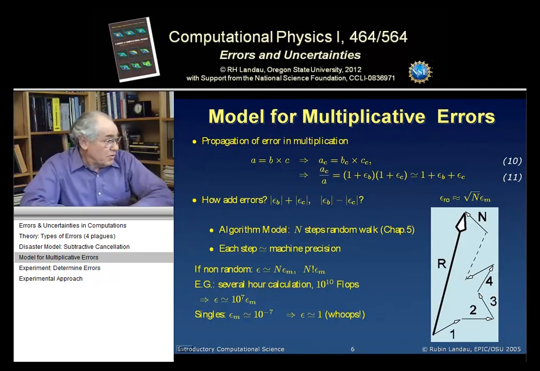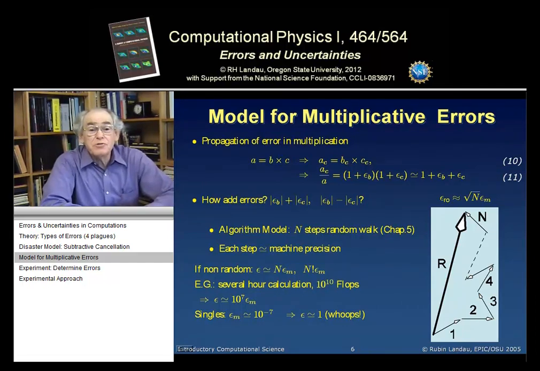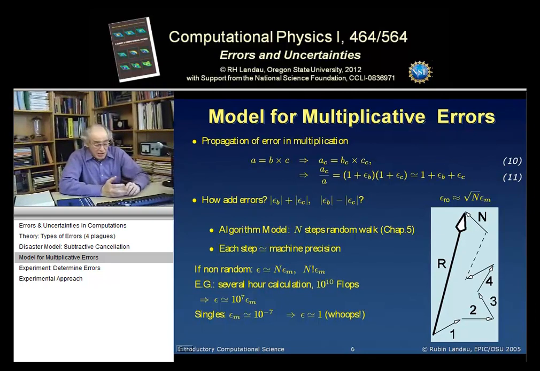Okay, so if we look at the bottom of slide 6, we see this interesting combination of numbers. One of the problems with scientific computers is that they're so fast. They do so many computations. And if you have them, you're going to use them. And you'll do bigger and better calculations.